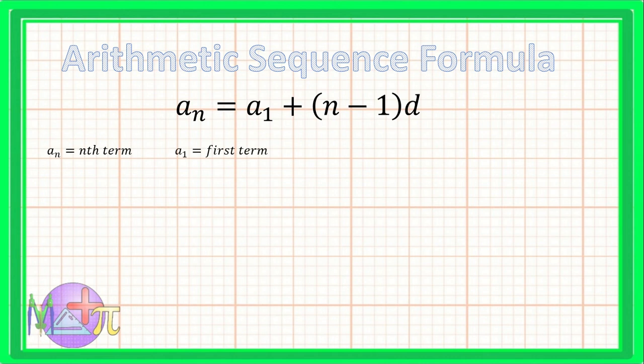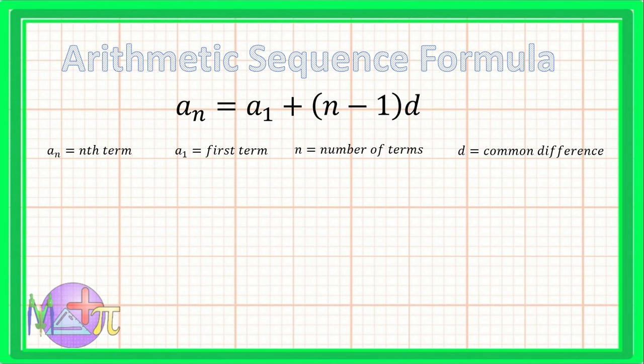A sub 1 is the first term in the sequence. n is the number of terms, kung ilang terms ba meron sa isang sequence. And d is the common difference. So take note of this representation.